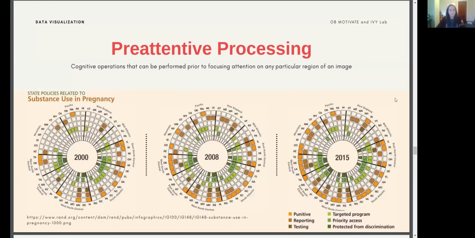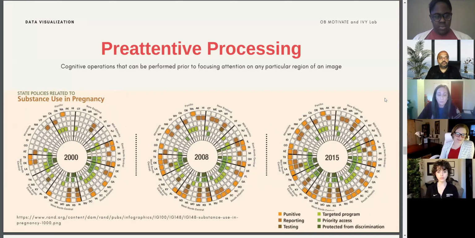The second example is one from RAND, and this was actually from a talk that I went to where the presenter was presenting some really excellent work, but the thing that stuck with me was this plot. And I reached out to her on Twitter to ask if I could use it in this talk because I thought it was so compelling. So they have summarized over 20 years of state variation in policies related to substance use in pregnancy, both punitive and supportive policies, in 3 really concise plots.